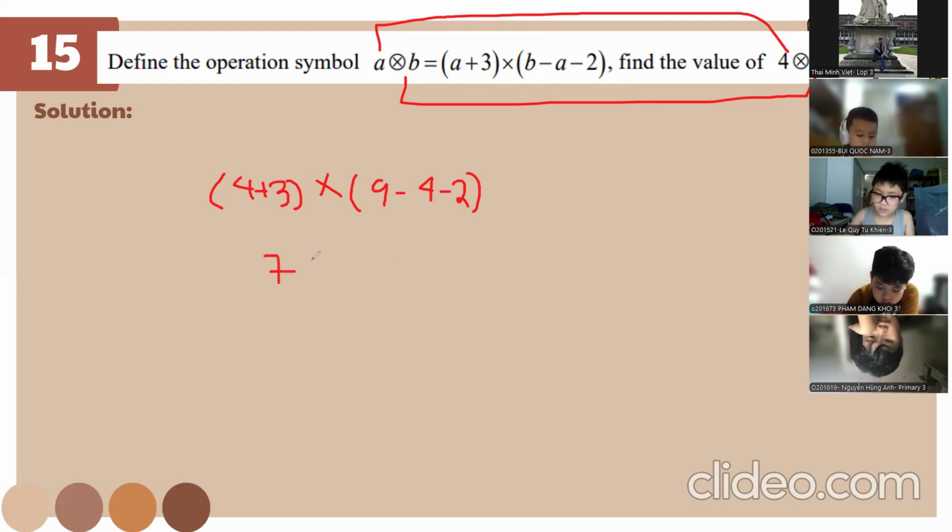So 7 times 9 minus 4, which is 5, and minus 2, rather, is 3. So the answer is 21 here. Okay?